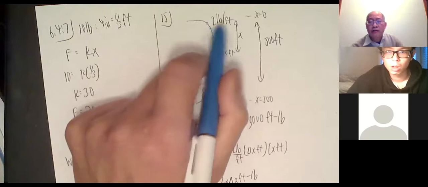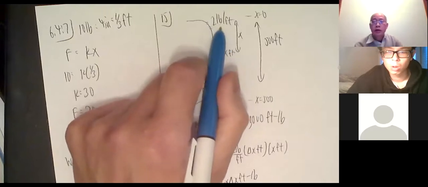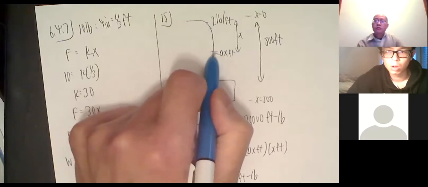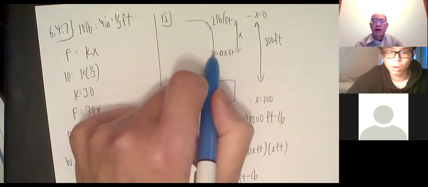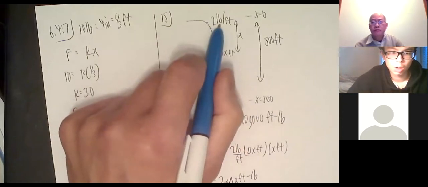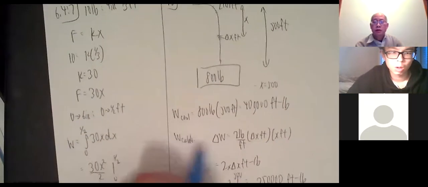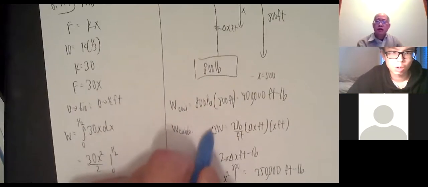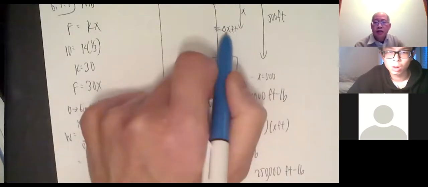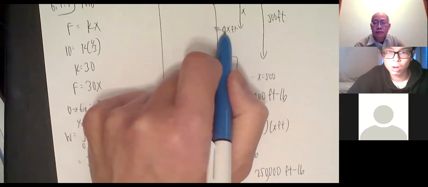Now I have to translate this into a weight. So how much does this tiny little slice of cable weigh? Well, the units would be pounds, right? I know it's 2 pounds per foot. So my delta W, the change in work, it's 2 pounds per foot times delta x feet.